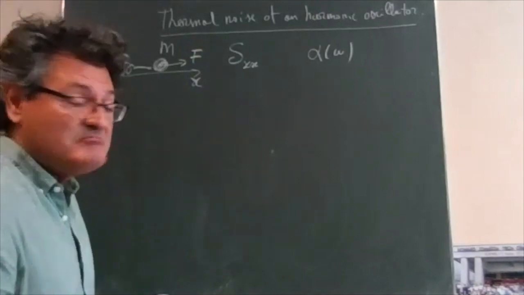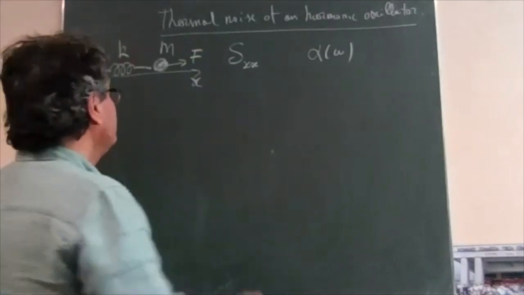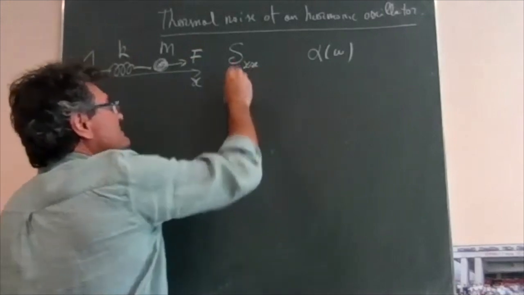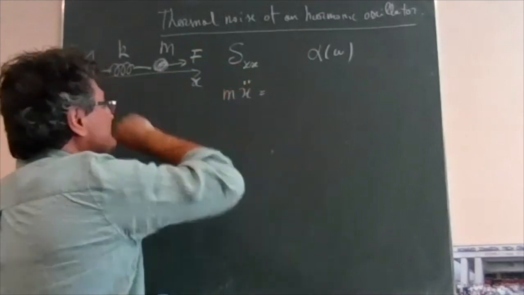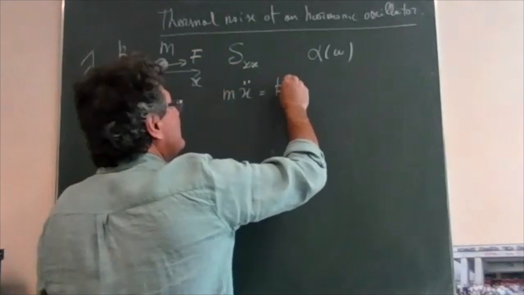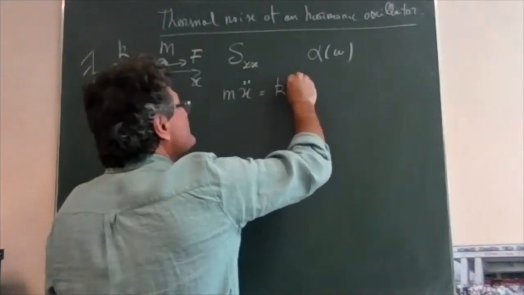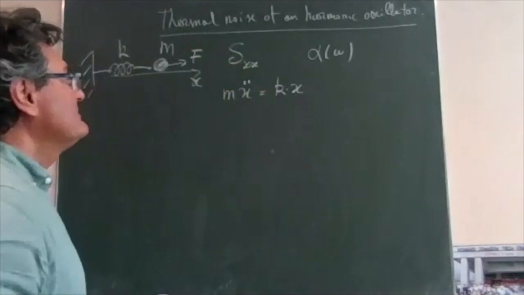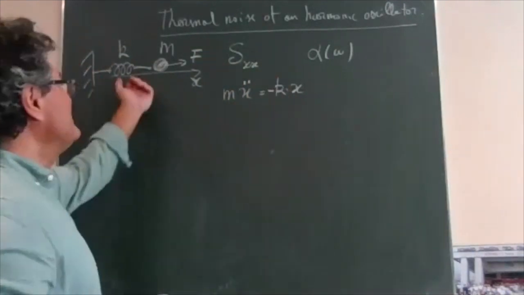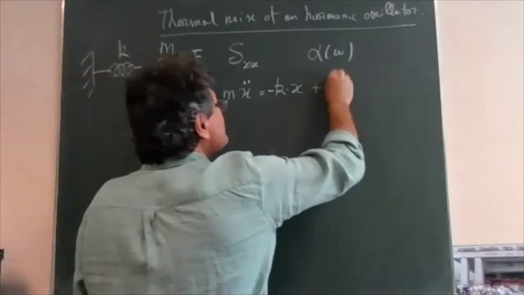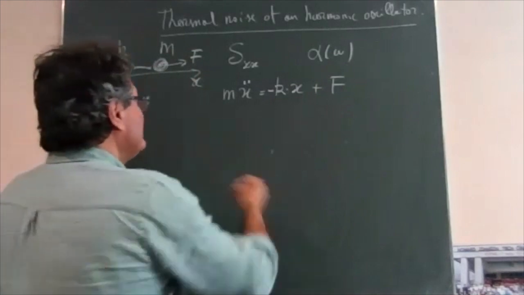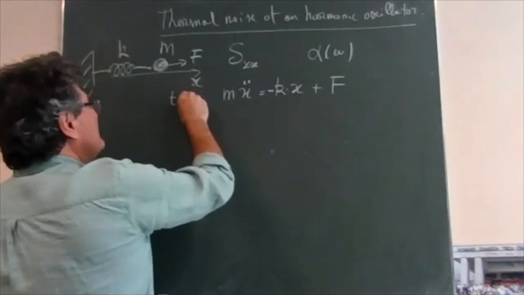The dynamics is rather simple. So m x double dot, the acceleration, is equal to minus k times x, with a negative sign because this is the restoring force, plus the external force F. This is in the time domain.